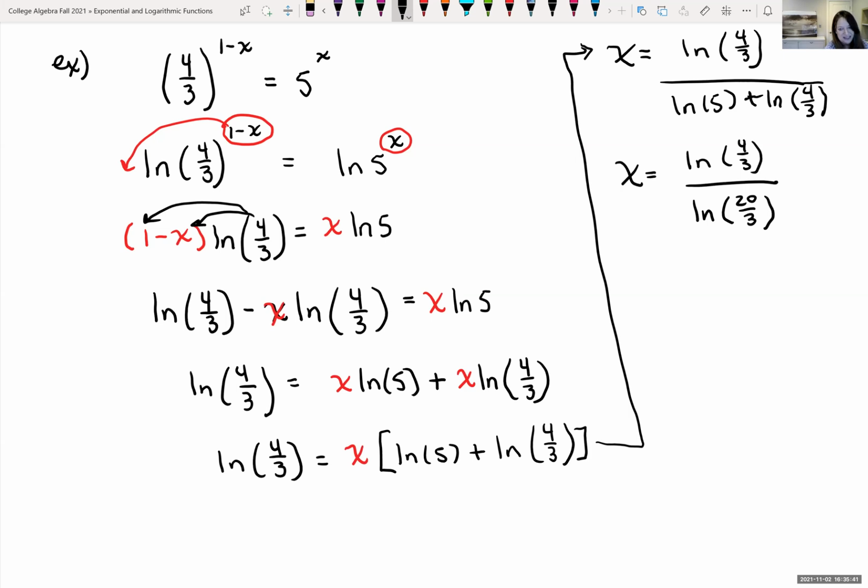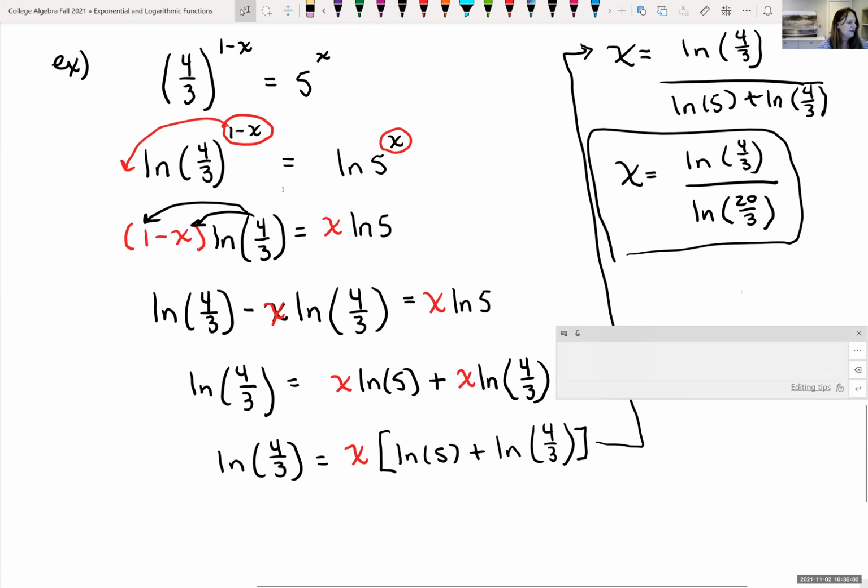I could also rewrite it, getting rid of the fraction and rewriting that as a minus sign, but this is just fine. We cannot cancel those natural logs. Okay, so that would be the exact form. So I believe some of the homework is going to ask you for the exact form and then to approximate it.